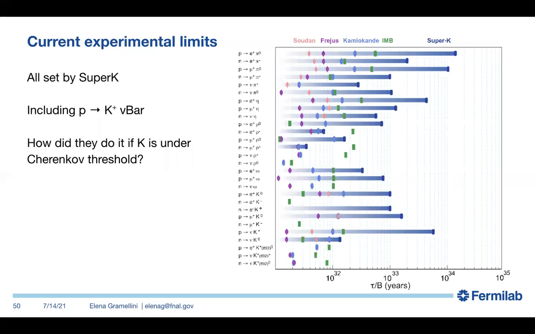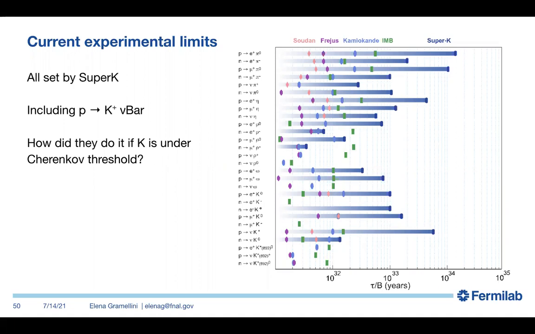So the current experimental limit: the equation that regulates the decay is an exponential, right? So you talk about the half-life in terms of years when you're doing experimental limits. All these experimental limits were set by Super-K, including the proton decaying into K+ ν̄, even though the kaon is under Cherenkov threshold.